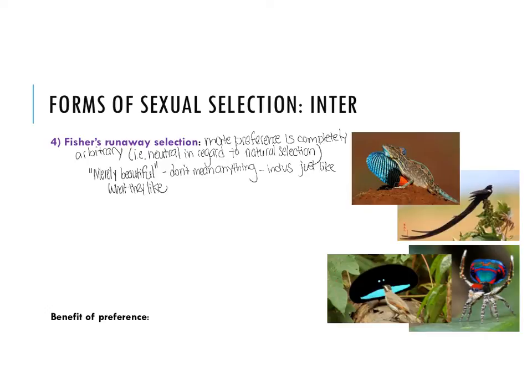And some researchers, originally Ronald Fisher, who was a terrible human, but came up with some good ideas about statistics and also evolution, but terrible. Came up with this idea that maybe preference is arbitrary. There's just some trait that the individuals, the resource-limited individuals in this population like. They just like it because they like it, not because it indicates good genes.